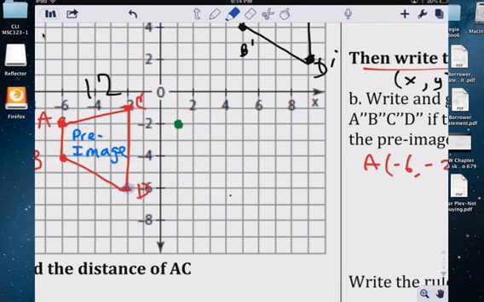D, right here, is standing up, so I'm going to lay it down. So 6, right? So it's going to be there. Okay, so this is C double prime. This is D double prime.